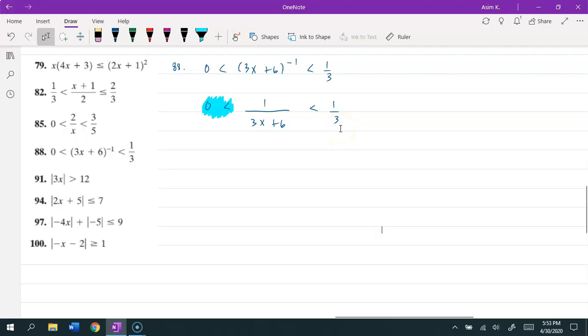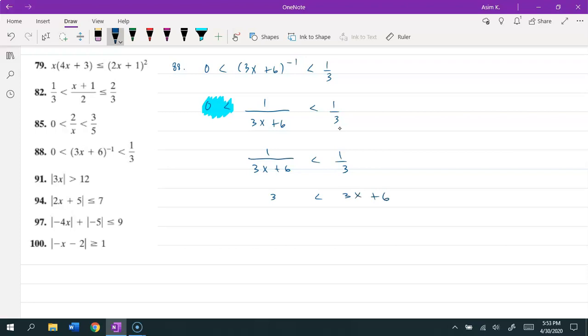Now, with less logic this time, and just going through the motions of it, how do you exactly solve this inequality? You're going to go ahead and cross multiply. So the 3 is going to multiply to the 1, and the 3x plus 6 is going to multiply to the 1 on the other side. So it looks like this over here.